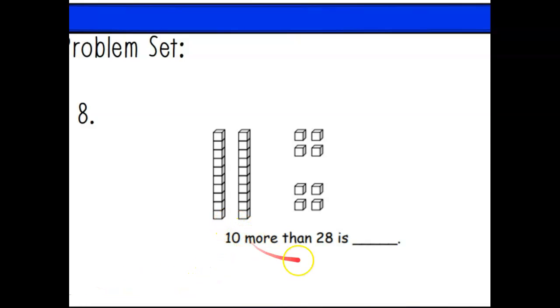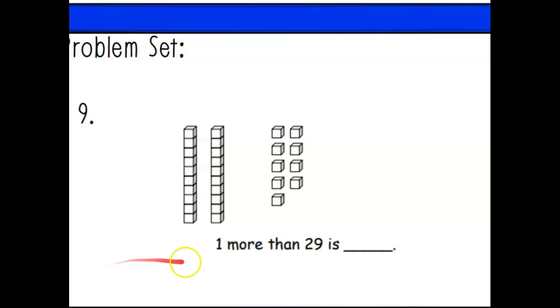All right, here we have 10 more than 28. There's our same 28. We're going to add a 10. And how many is there? Did you say 38? Great job. All right, now we want to figure out 1 more than 29.